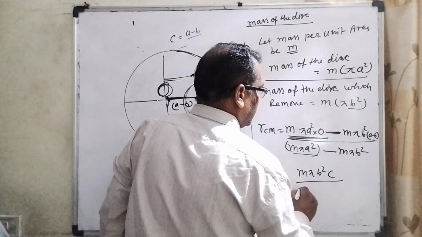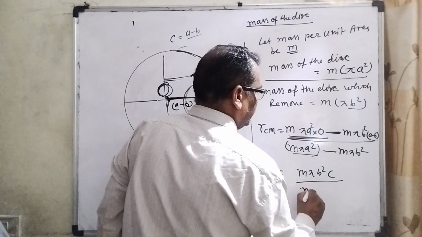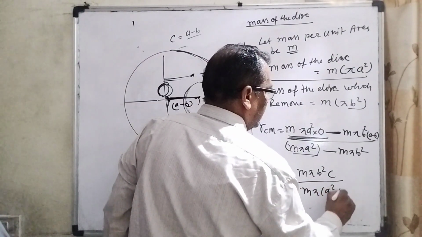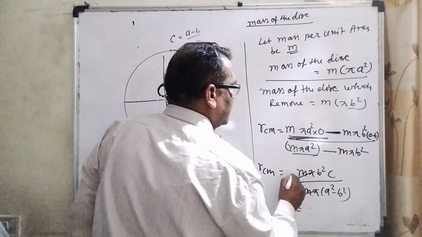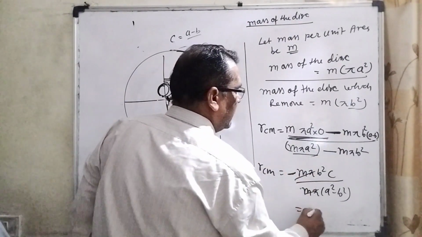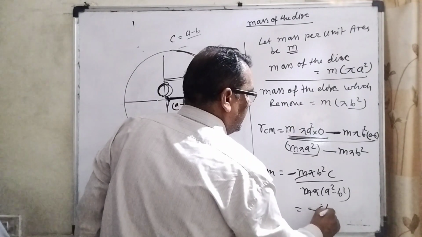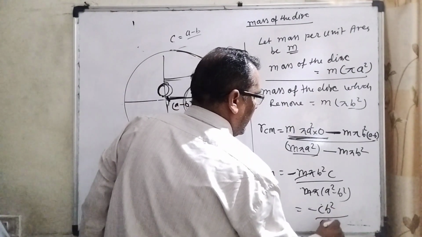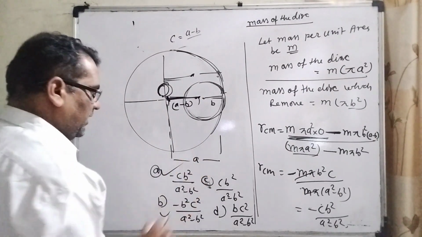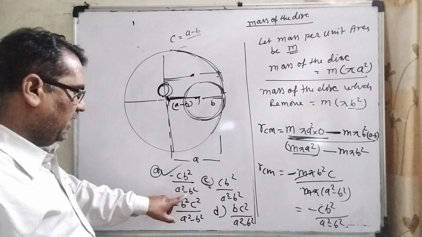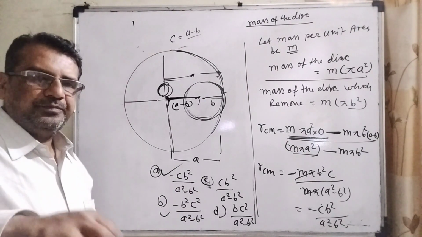Taking m pi common, we get a square minus b square. M pi will cancel out, and the formula gives minus c b square over a square minus b square. So our first option is the correct answer: minus c b square over a square minus b square.